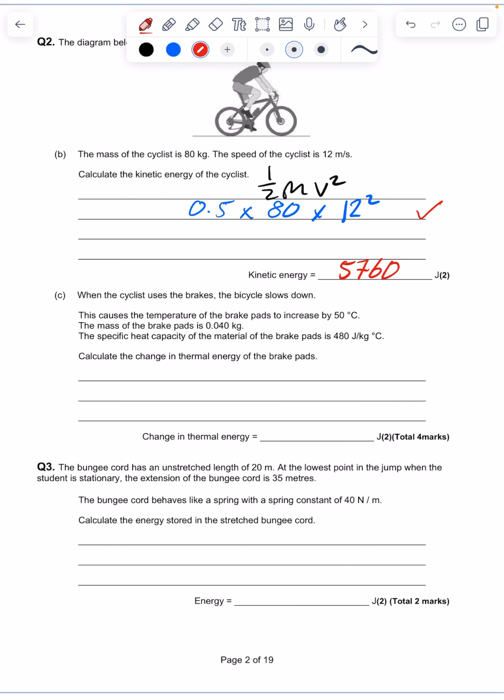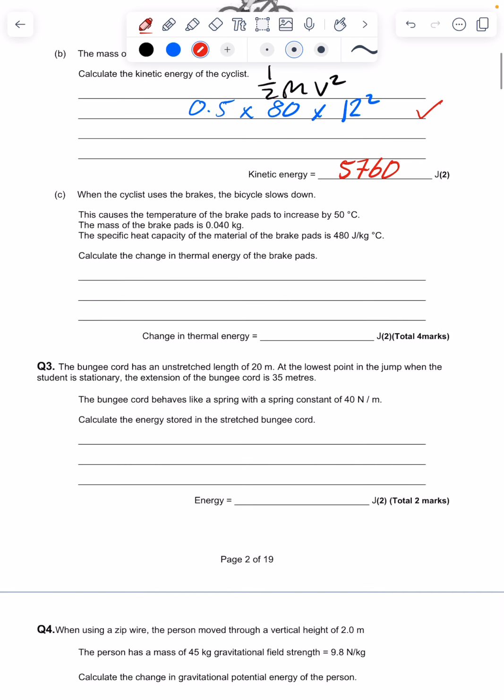When the cyclist uses the brakes, the bicycle slows down, and we want to calculate the change in thermal energy of the brake pad. So for this calculation, you want to flick back through to specific heat capacity. The clue for this really is that we've got temperature being given here, we've got mass, and it actually tells us heat capacity.